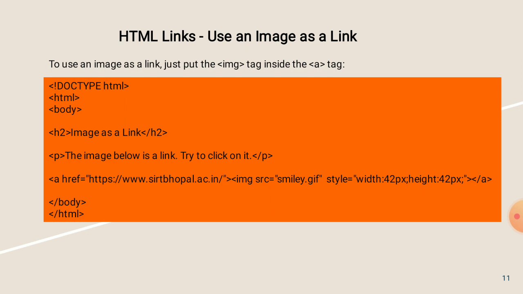Then we declare a href http://www.sirt.bhopal.ac.in, this URL connects with a simple smiley image, the source is smiley.gif, then style width is 24 pixels, height is 42 pixels. Then the anchor tag is closed, then body section closed, then HTML closed.